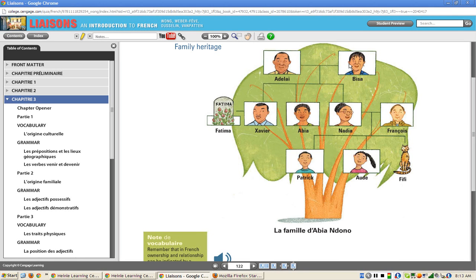Et Bissa, c'est la mère de Nadia, c'est la belle-mère de François. So notice with le beau-père, la belle-mère. Abia, n'est-ce pas, qui est la sœur de Nadia, c'est la belle-sœur de François, alors que Xavier, c'est le beau-frère.